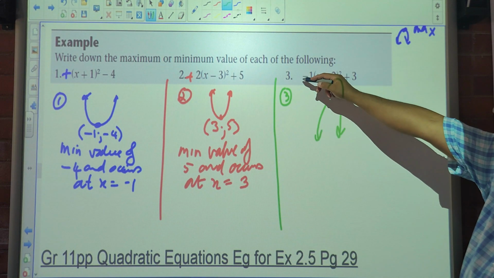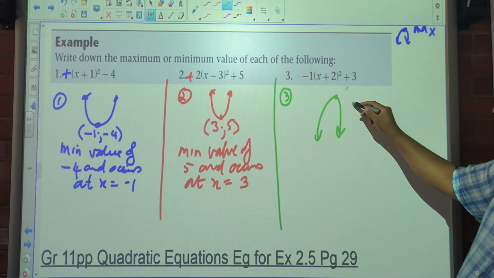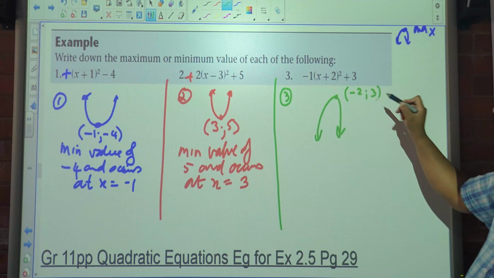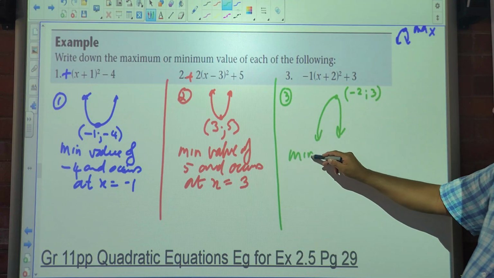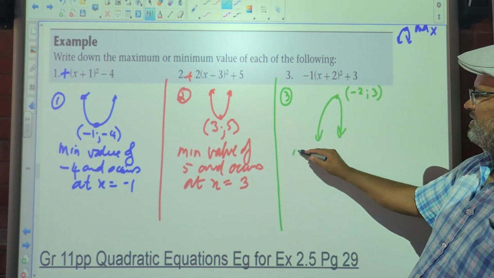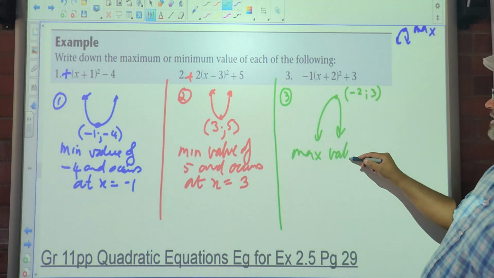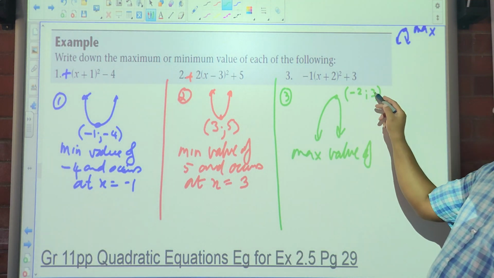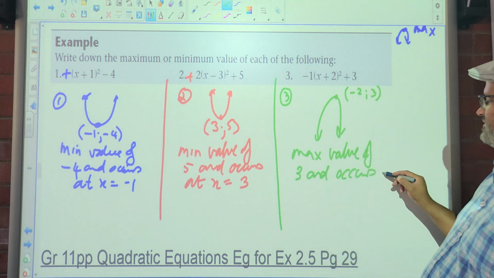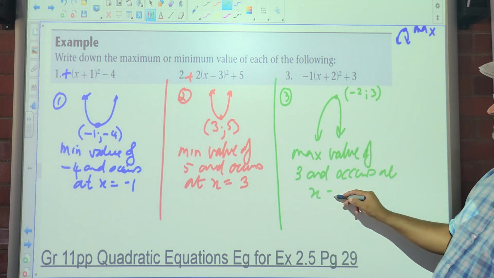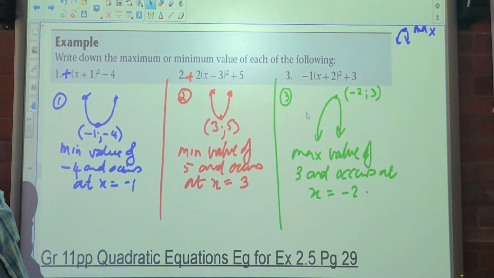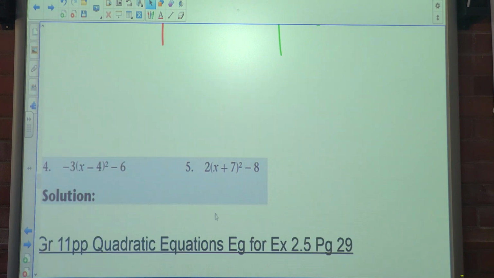Why? Because it's now negative. And it occurs at which coordinates? Negative 2 and 3. So this graph has a maximum value of 3 and occurs at x is equal to negative 2. Do you understand? Any confusion there?